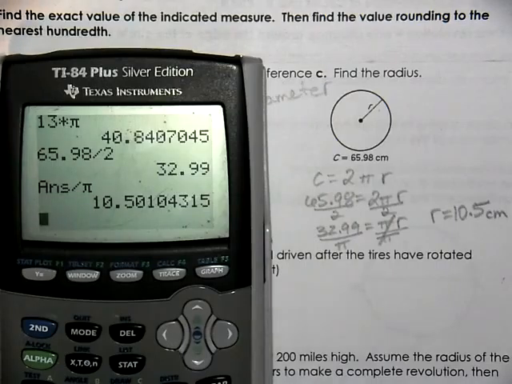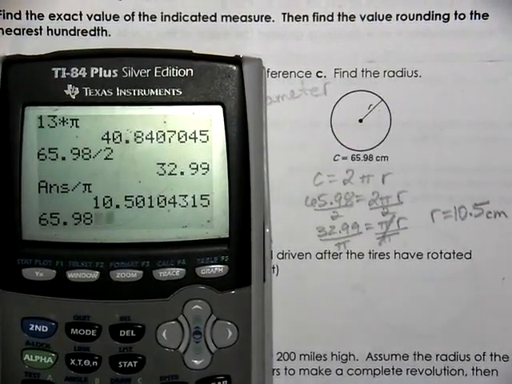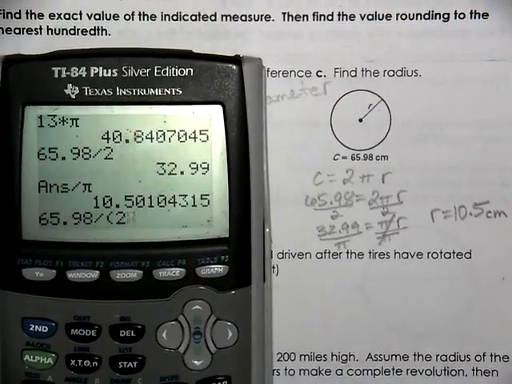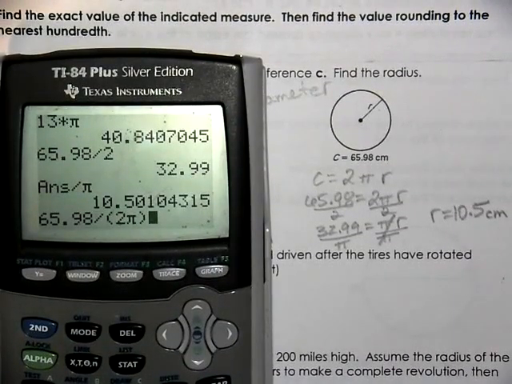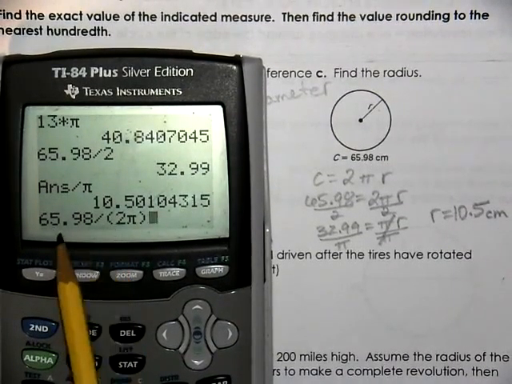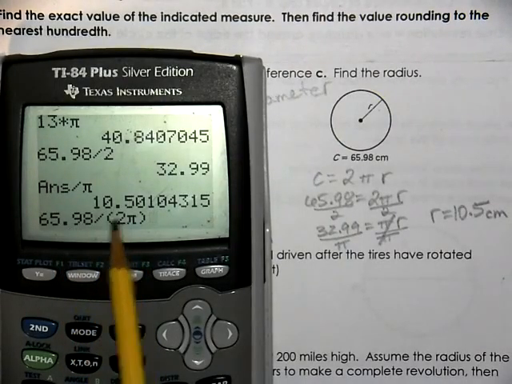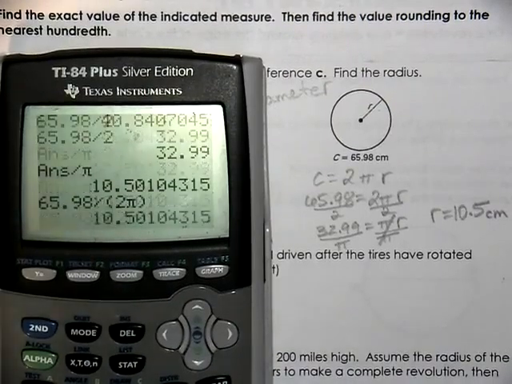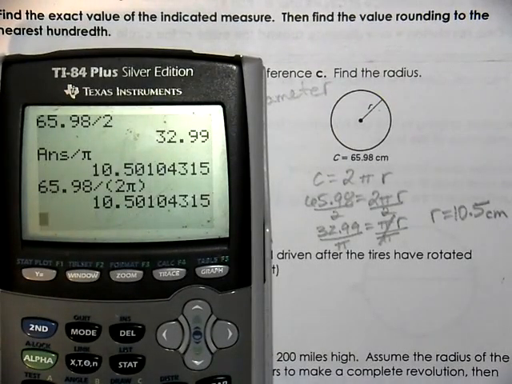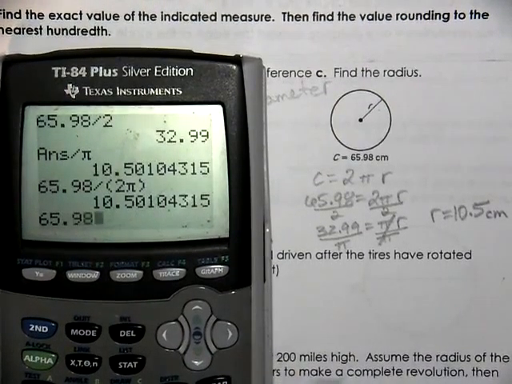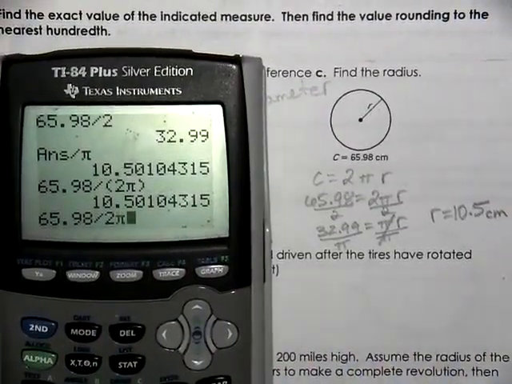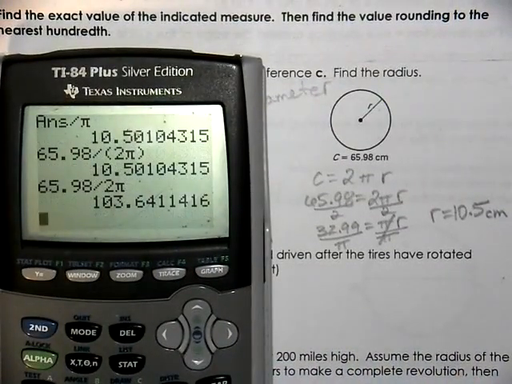Now if you were going to try to calculate it all at once, you should divide with parentheses of 2 pi. If you don't have parentheses, it will divide by 2 and multiply by pi. You want to be sure that you're dividing by 2 and also by pi. So you get your 10.5 that way. If you don't type it in there correctly, which is a very common mistake, you get a totally different answer. Use parentheses to make a difference.